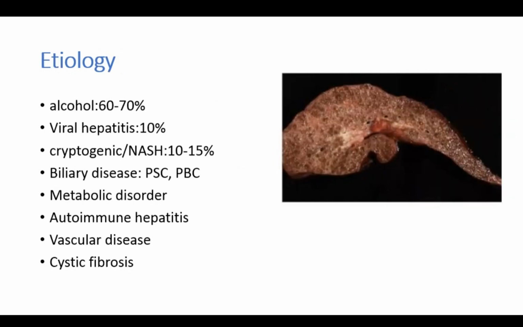We have many etiologies for liver cirrhosis, as they differ according to different areas in the world. For example, in underdeveloped countries, alcohol is the most common cause of liver cirrhosis.